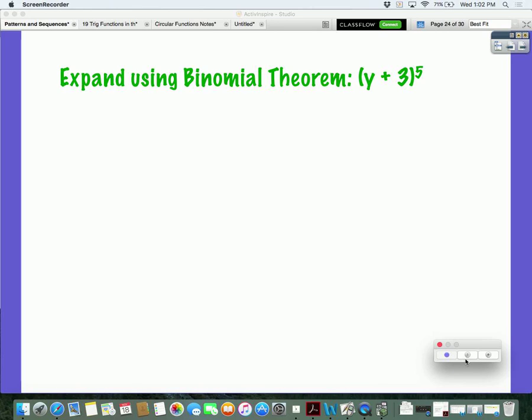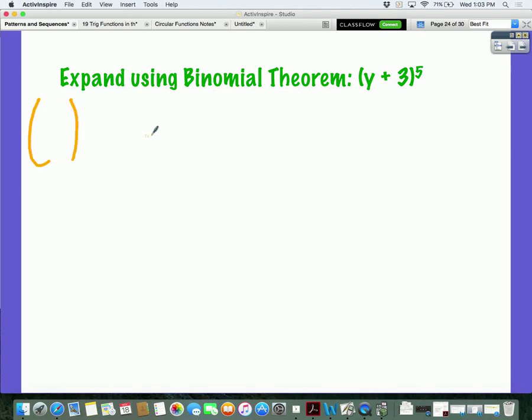So, first thing I'm going to ask you, how many terms am I going to have in my expansion? 6. I'm going to have 6, because it's always one more than the actual degree. So, I'm going to have my set of combinations. My top number is always 5, and I start at 0 and continue to increase.